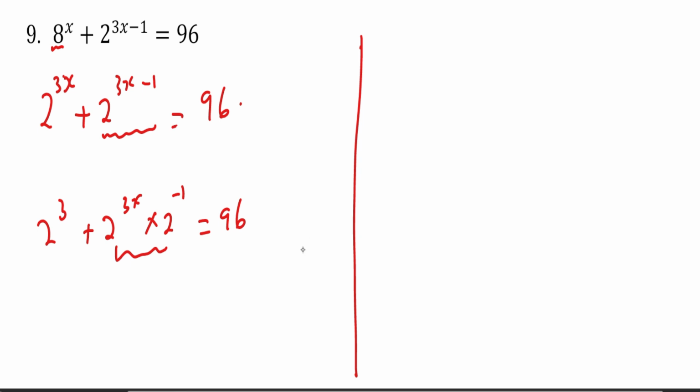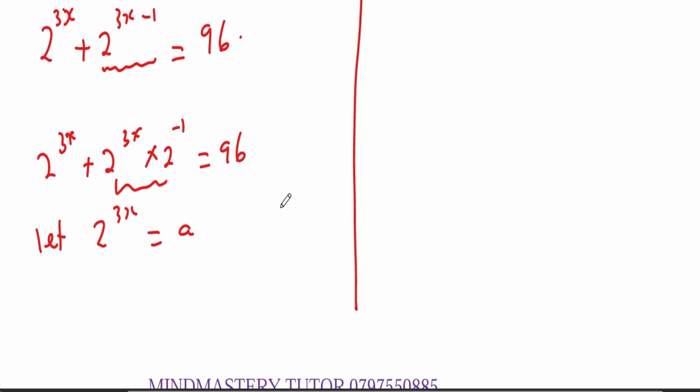So 2 to the power of 3x minus 1 can be written as 2 to the power of 3x times 2 to the power of negative 1. Now let 2 to the power of 3x be any letter, let's say A. So where we have 2 to the power of 3x we put A. Now obviously here also is A times 2 to the power of -1.